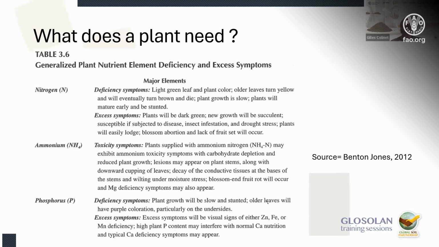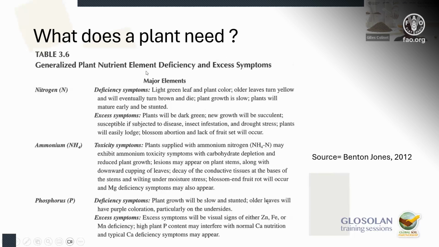If they grew too fast due to the excess of nitrogen, they are too fragile, and if there's a bit of wind or a windy climate, they will fall down on the soil.